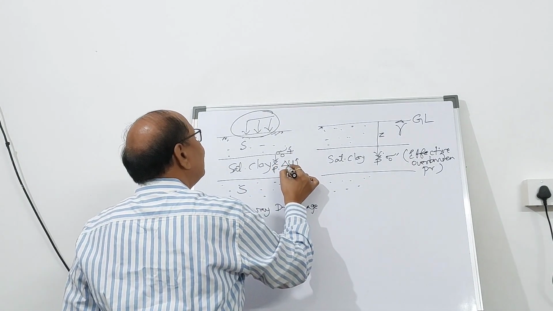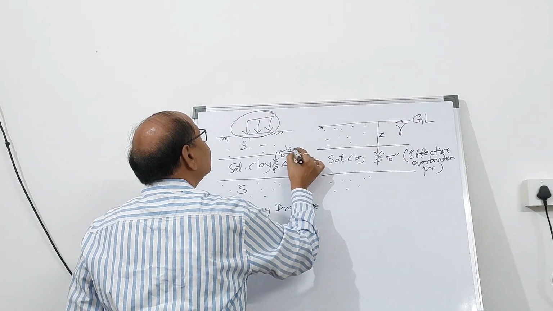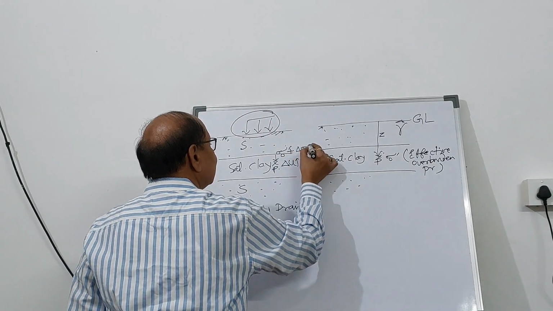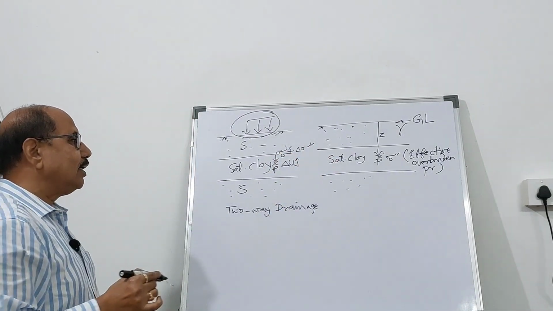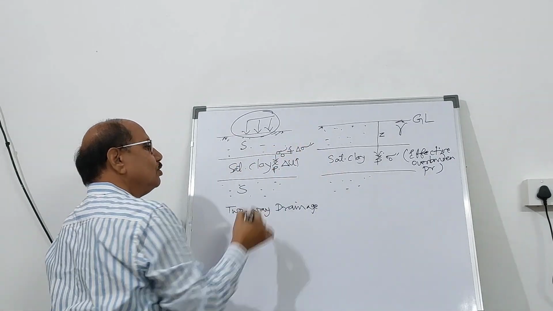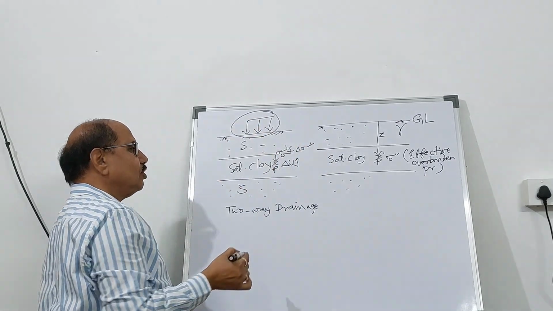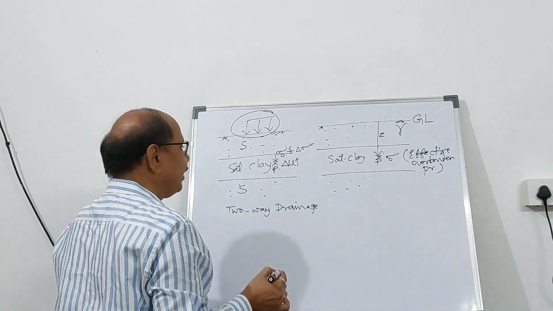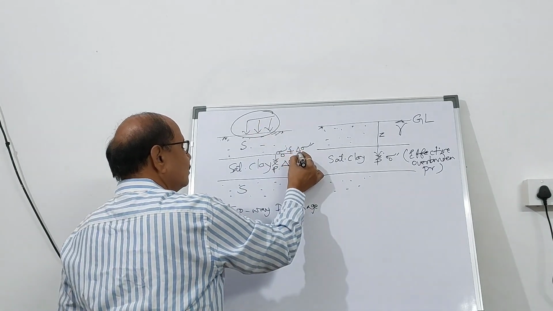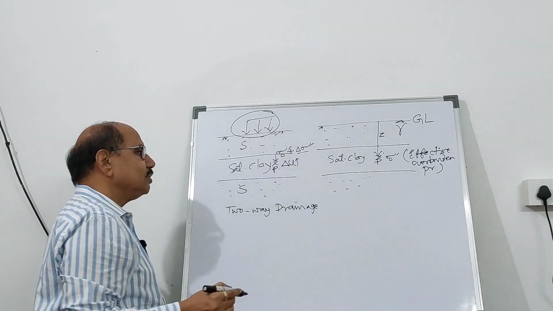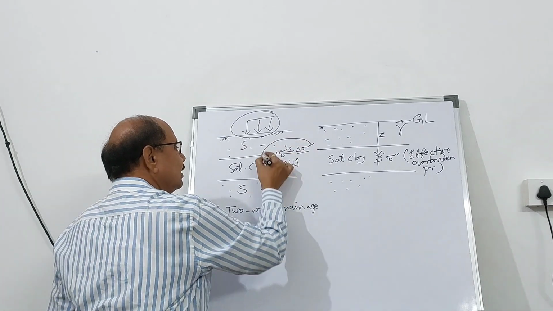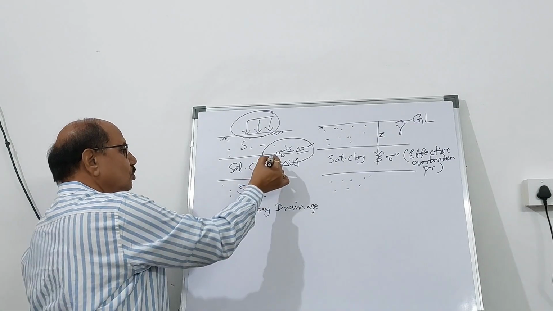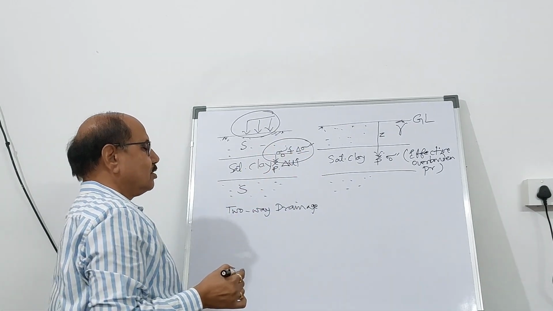Upon dissipation of the excess pore water pressure, the effective overburden pressure will increase by this increase in loading. So because of this intensity of loading at point P, you have the effective overburden pressure due to self weight plus the loading after dissipation of the pore water pressure. Finally, you get the increase in pressure. So the increase in pressure is delta sigma prime, and the total intensity of pressure is this.